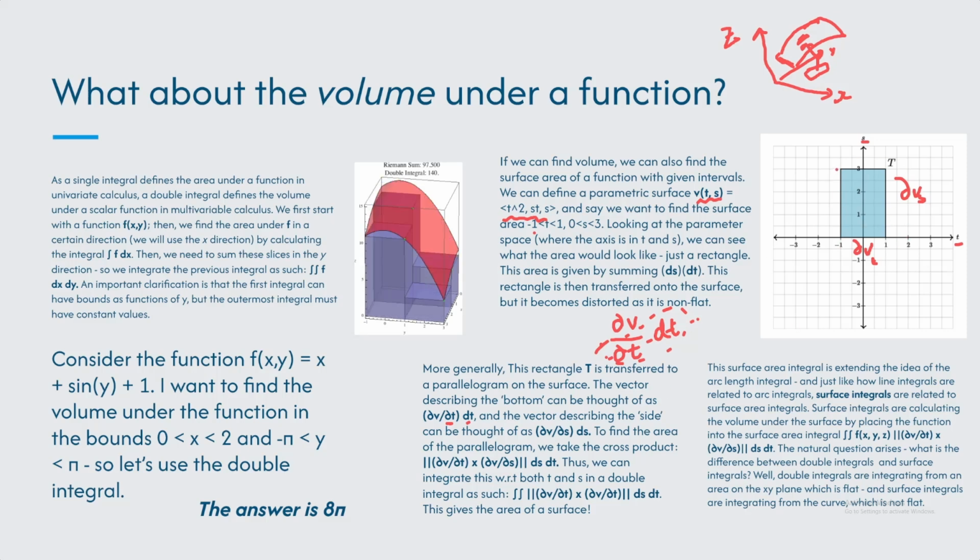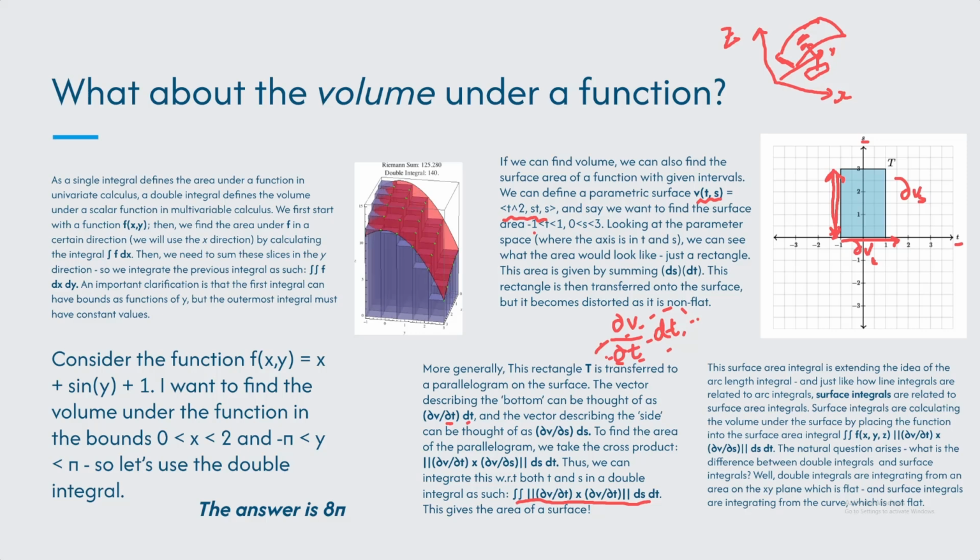First we integrate along this way, then along that way. Probably we integrate down along positive s, and then we integrate right. That's what gives us this double integral, and that gives us the area of a surface.